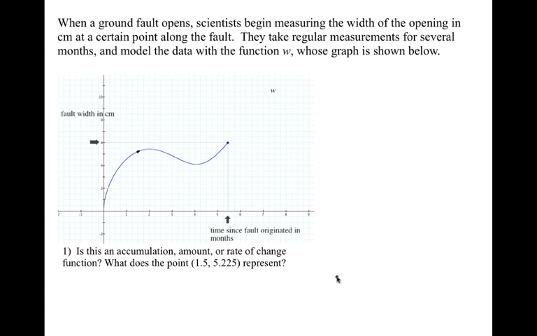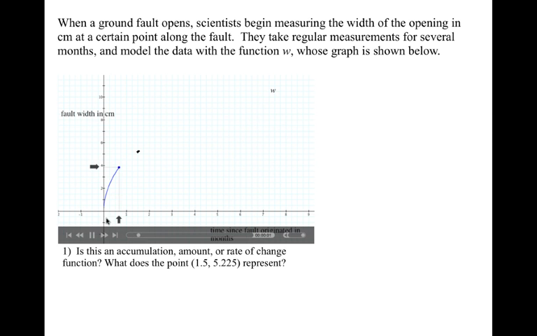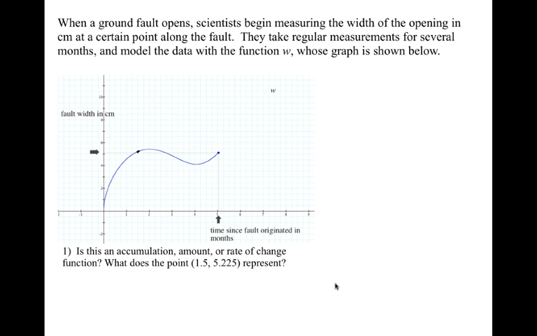So that's also total accumulation. So whenever you're starting at 0, at face value, it's a total width function, total accumulation. But because the fault width starts at a width of 0 at time equals 0, you could also think of this function as how much has the fault width changed since time 0, and that's net accumulation, right?